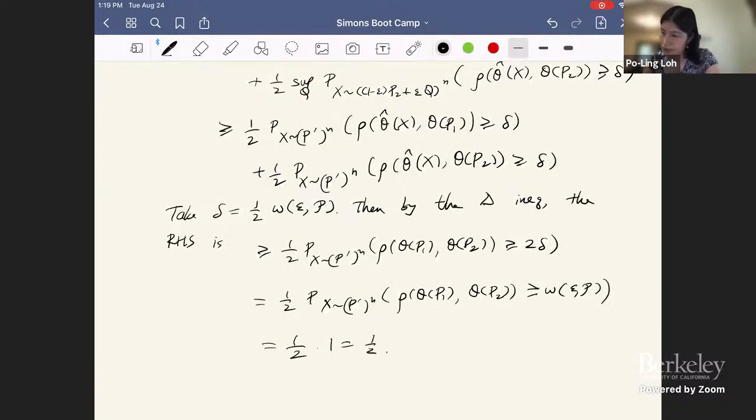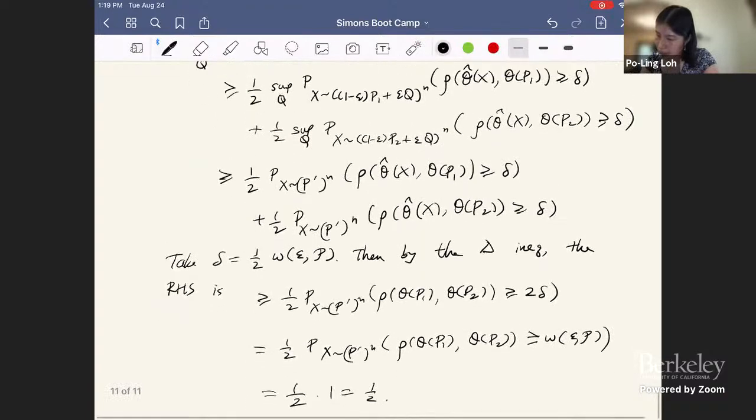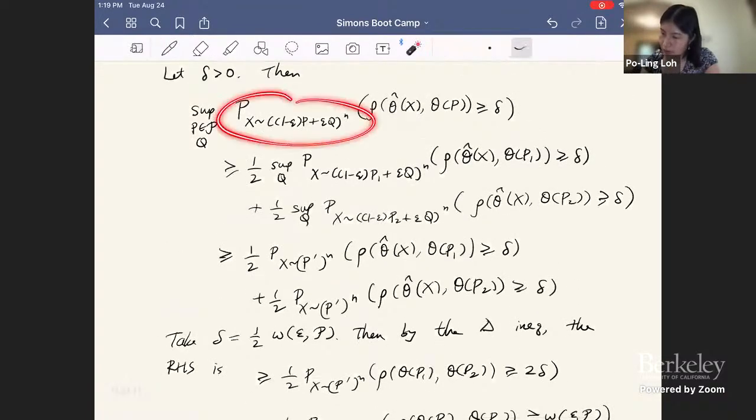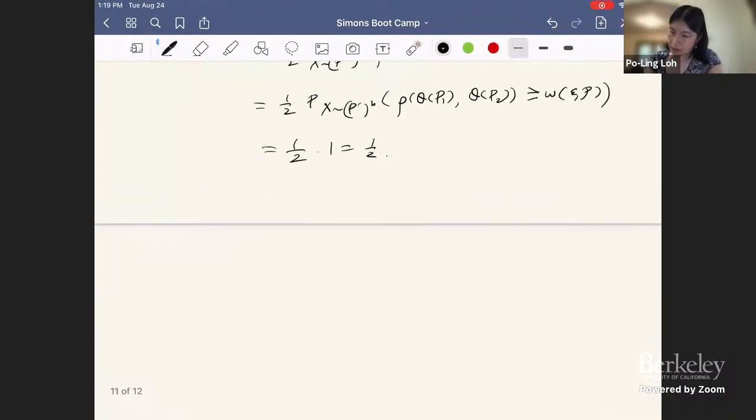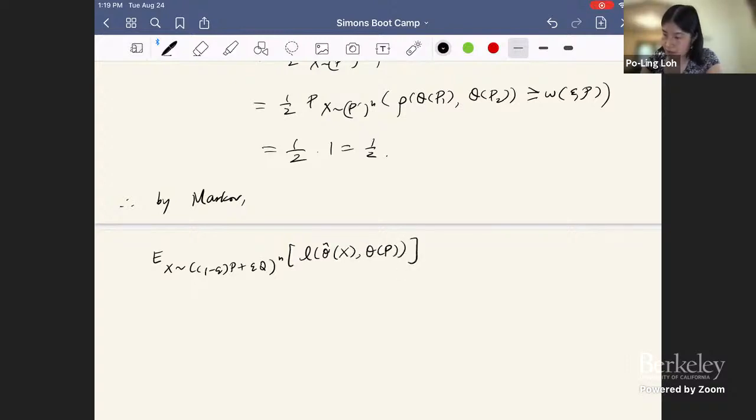Okay, so here, what have we done? We've gotten a bound of 1/2 on this probability. And of course, we want a risk, so we relate the risk to the probability using Markov's inequality. So therefore, by Markov, we have the expectation under X distributed as (1 minus epsilon) P plus epsilon Q to the N of L of theta hat X, theta of P. The real risk will have a bunch of supremums on the left side, but let's not write them for now.